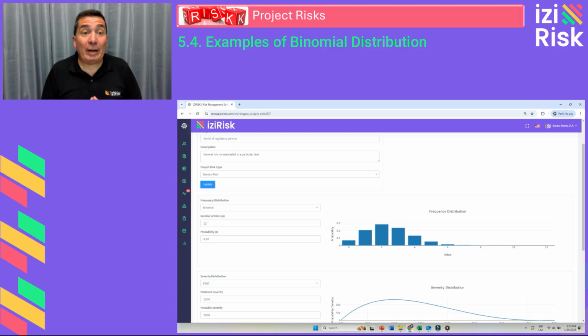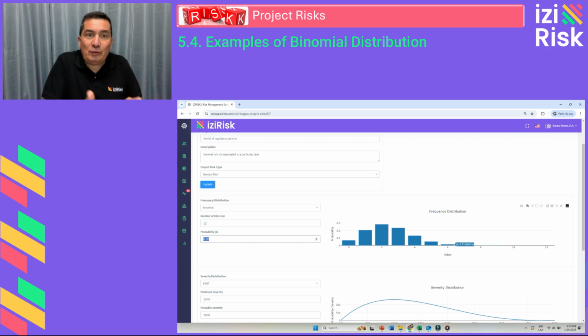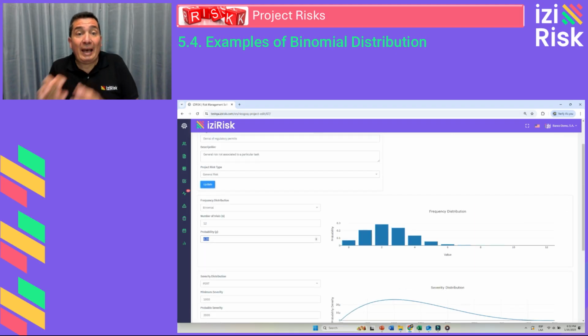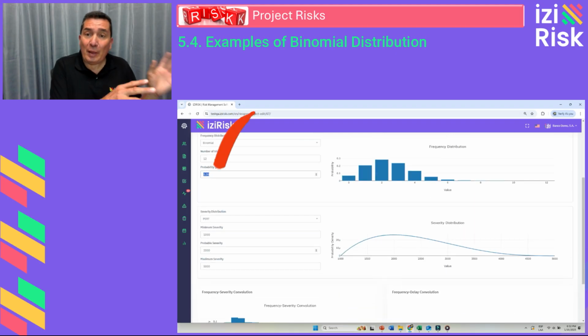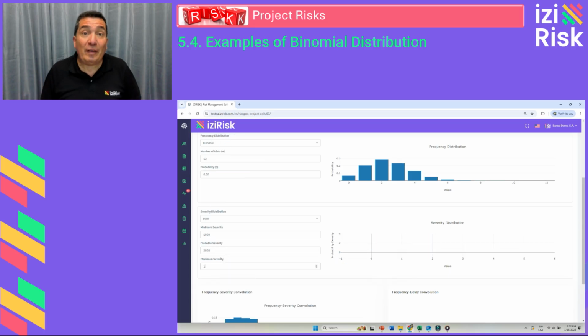In the cloud application, what we can see in this case is that we create a binomial distribution with n equals 12 and a 20% probability. This then articulates as a histogram with the different scenarios that could materialize. With each of these probabilities, the amounts of impact, cost, and monetary severity would be generated, which in this case would have a monetary impact with a minimum of 1,000, a most probable value of 3,000, and a maximum value of 10,000.